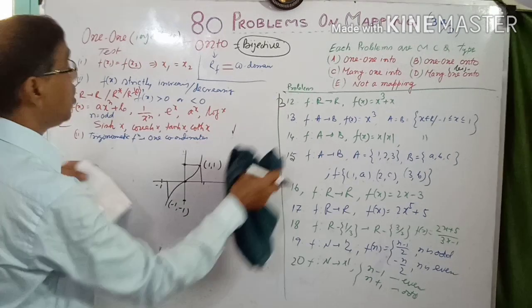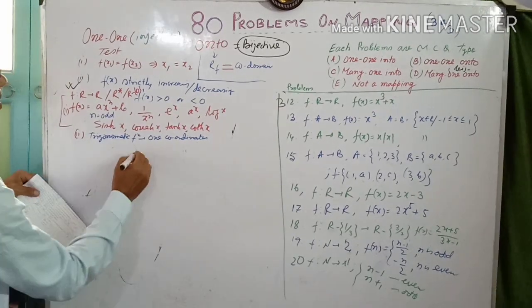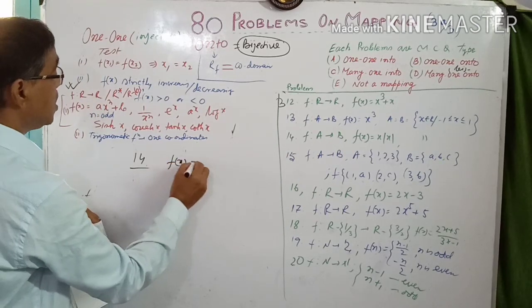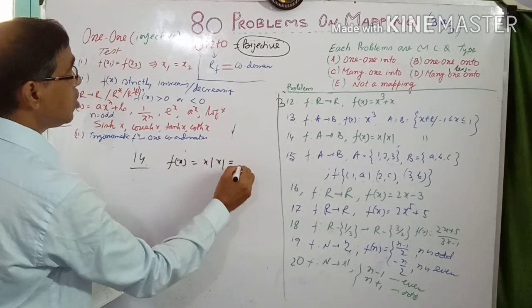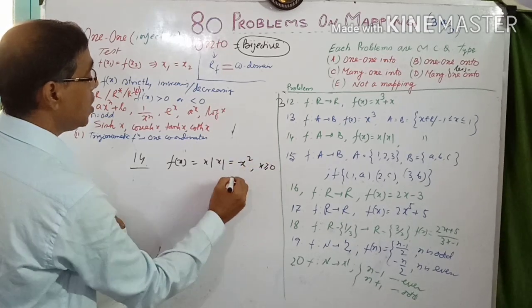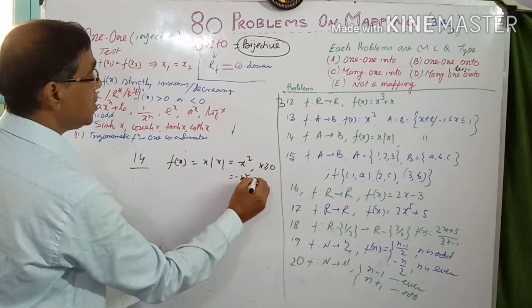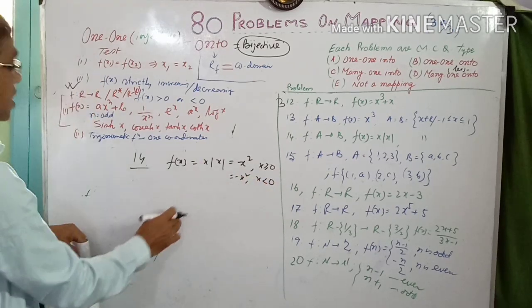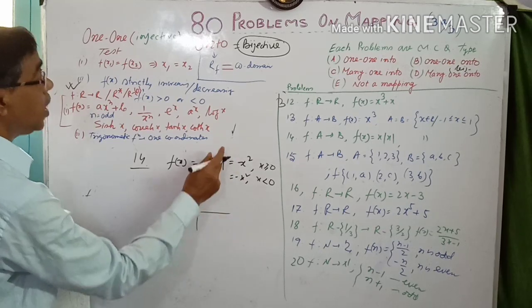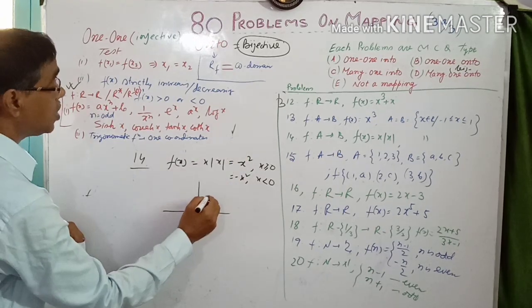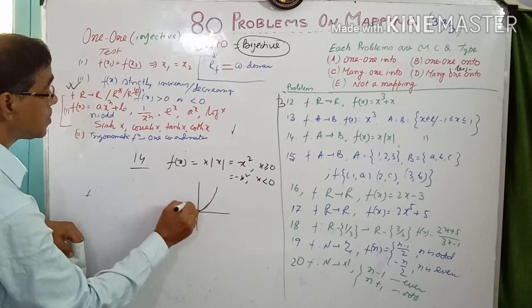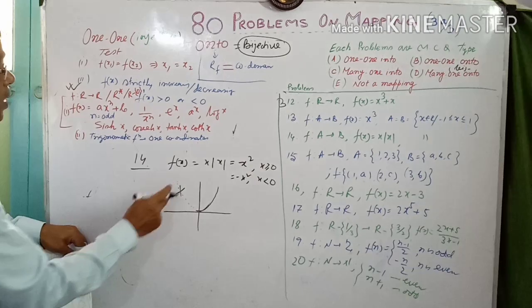Now for problem number 14, if we draw the graph of f(x) equals x mod x, that is equal to plus x square for x greater than or equal to 0, and equal to minus x square if x less than 0. These are the two curves. One, x square equals y, this is a parabola, and this part is not included.